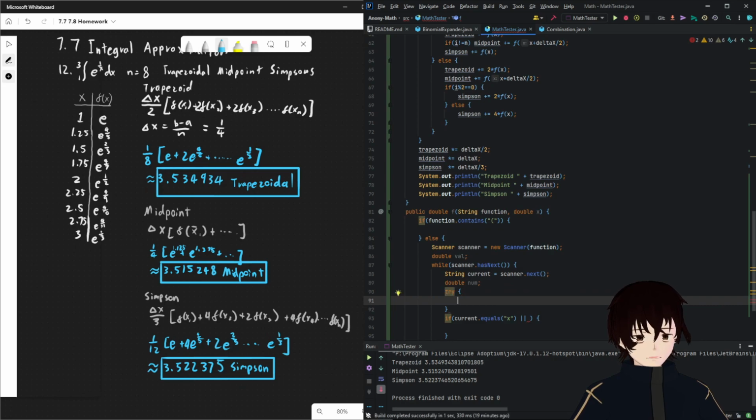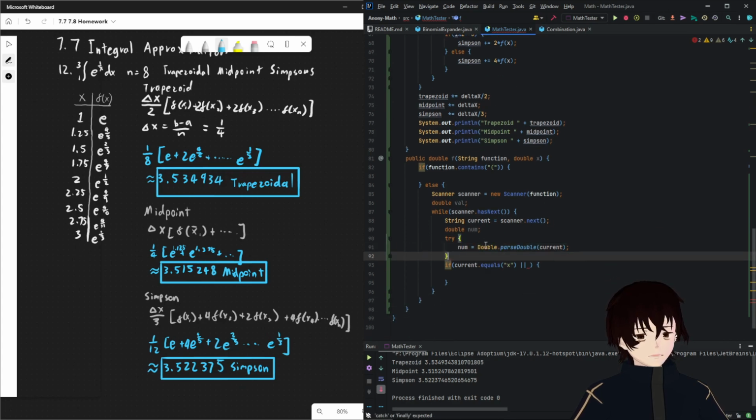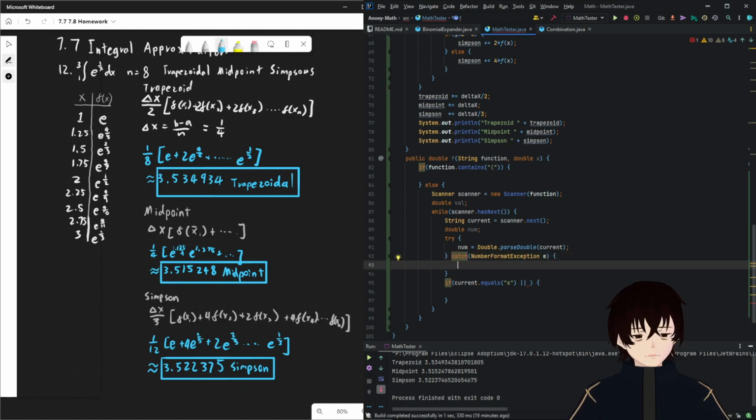Try Double.parseDouble(current), catch. It should be NumberFormatException. And we're just going to ignore it.